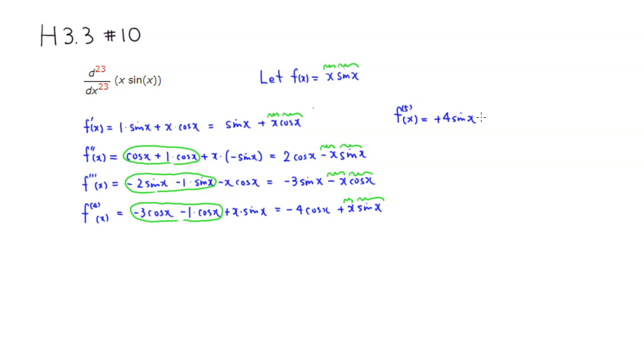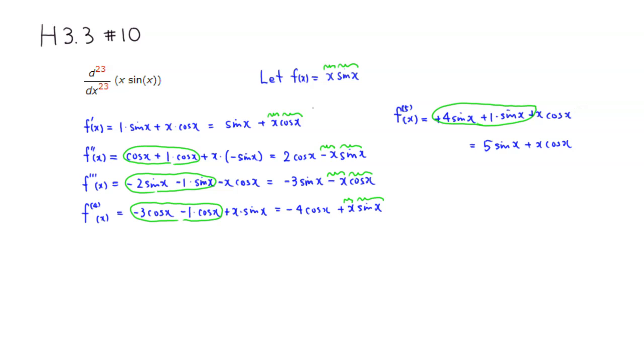Derivative of the first guy is 1 times the second, sine of x, plus the first guy, x, times the derivative of sine of x, which is cosine of x. If you simplify this, looks like a 5 sine of x here by combining those two, just like before. Then we're adding x cosine of x.